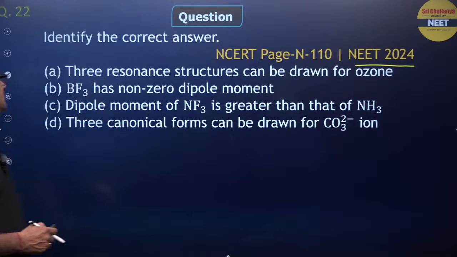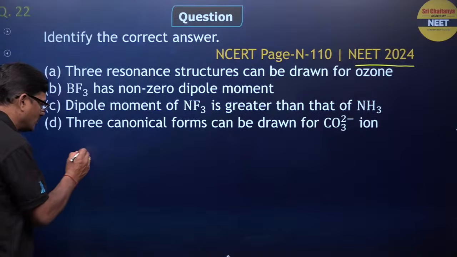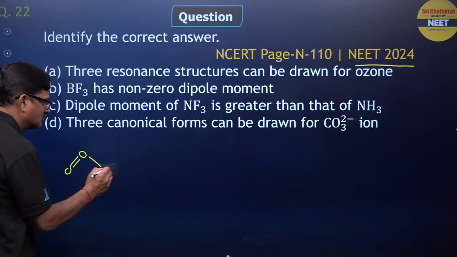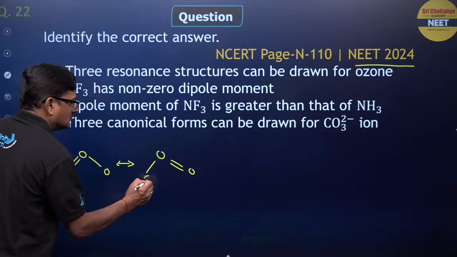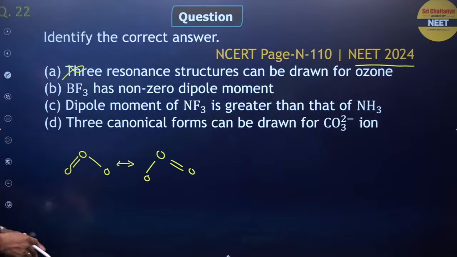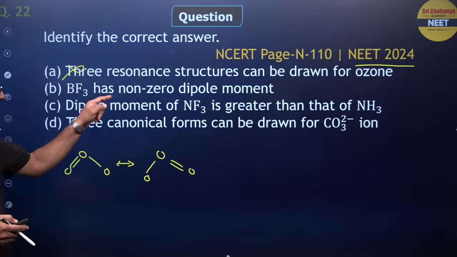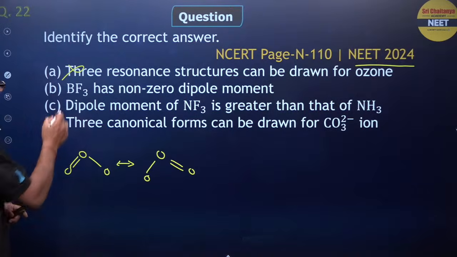You can see here, 3 resonating structures can be drawn for ozone. No, it is not. Ozone will have only 2 resonating structures. Wrong. BF3 has a non-zero dipole moment. Wrong.